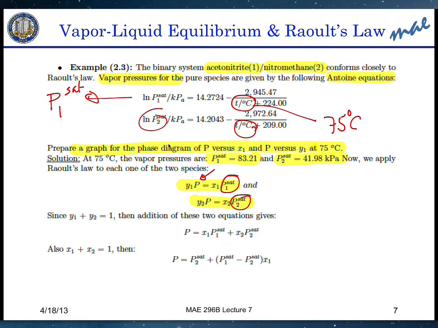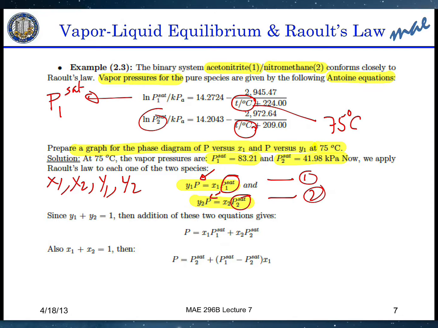So if I input any pressure as a known, then I have four unknowns: x1, x2, y1, y2. However, I have only two equations. How do I solve for four unknowns with only two equations?